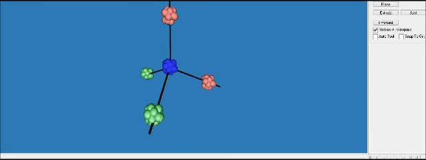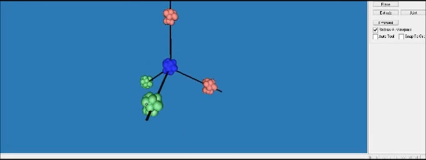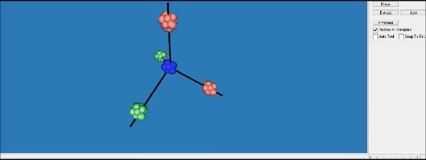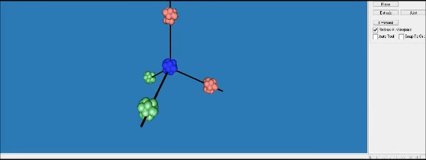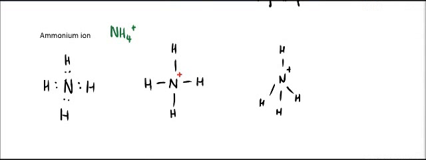And so we try and represent that. So there's 4 things that push away from each other in 3D space, and it sort of looks like that. So we represent it with an upper stick and 3 lower sticks pointing sort of to the side, and we end up with this sort of a shape. This is called tetrahedron.